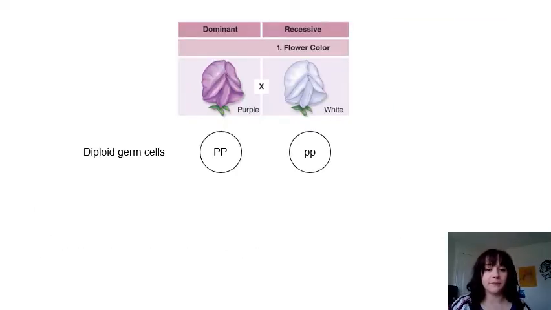So now that we know how meiosis works, let's look at this in detail from the perspective of what's happening with these germ cells. So the purple plant and the white plant, they are homozygous, right? The purple plant is homozygous dominant and the white plant is homozygous recessive. And the germ cells in this plant start out diploid, right, and undergo meiosis to provide gametes, these haploid gametes.